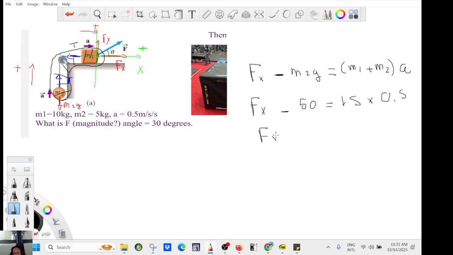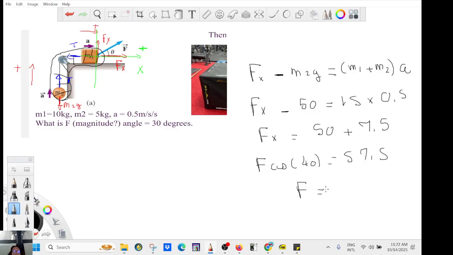So the x component will equal 50 plus 7.5. So F cosine 40 equals 57.5. So F equals what?